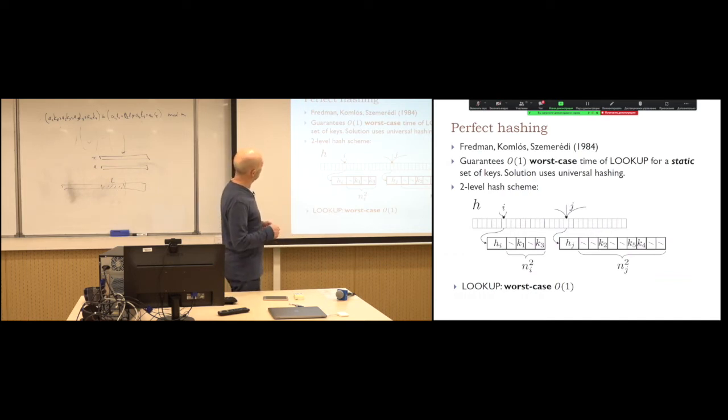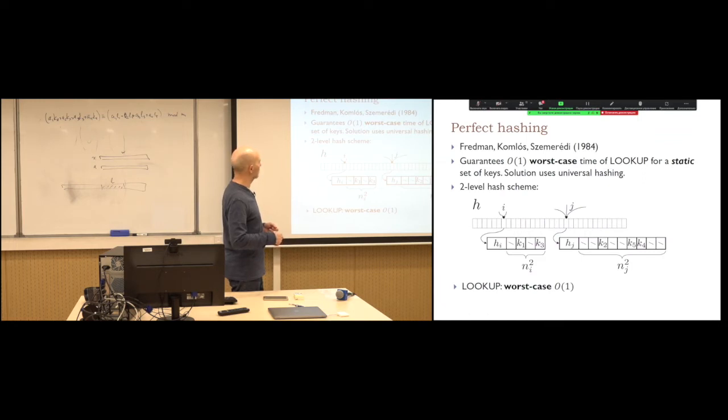So the idea is to introduce a two-level hash scheme. We will have a normal hash table, the usual hash table, the first level, and then for those buckets which receive several keys, we will construct another hash table.